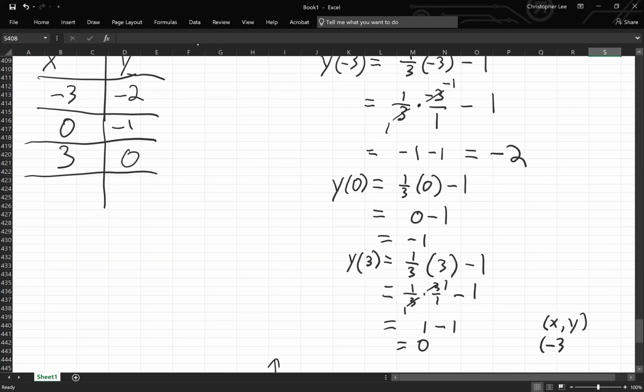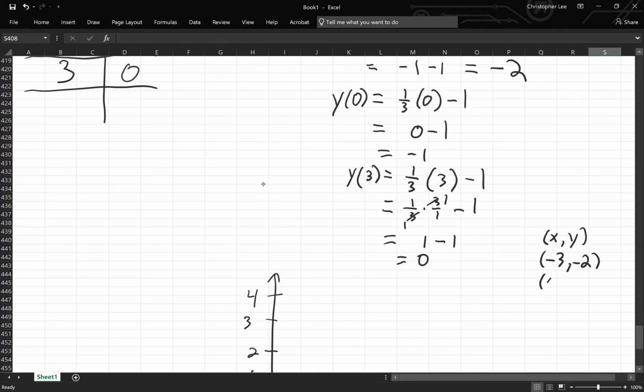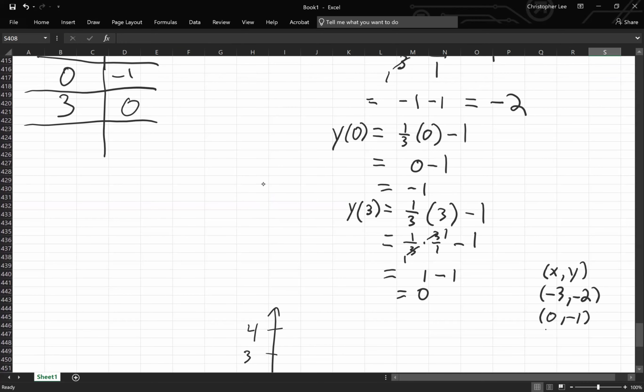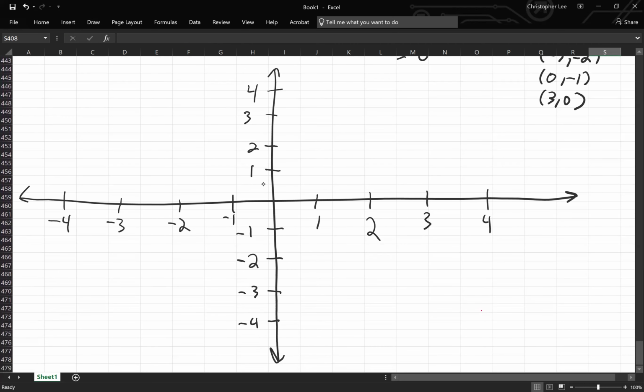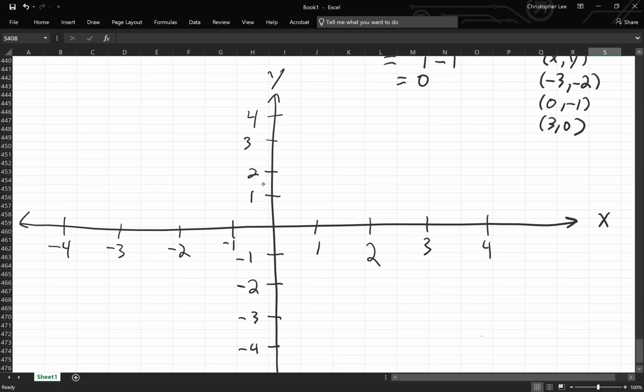My points are -3 comma -2, 0 comma -1, and 3 comma 0. These are my points, right? Oh, I forgot to mention that this is the x-axis and this is the y-axis. Always want to put our labels.